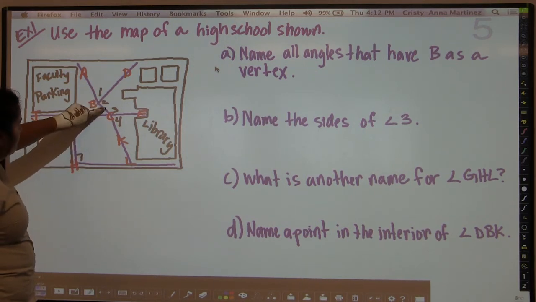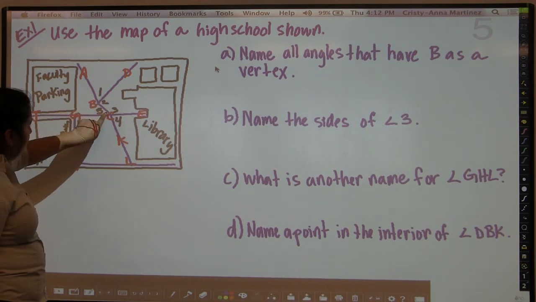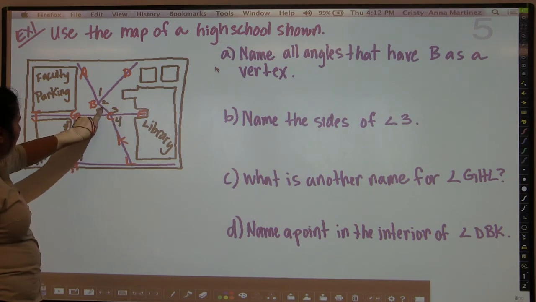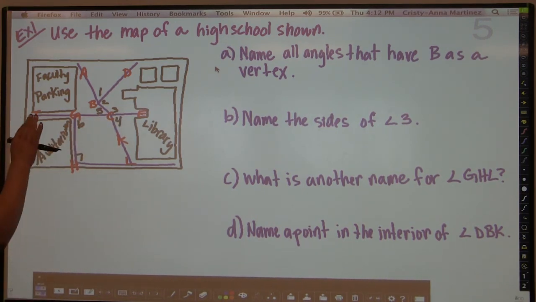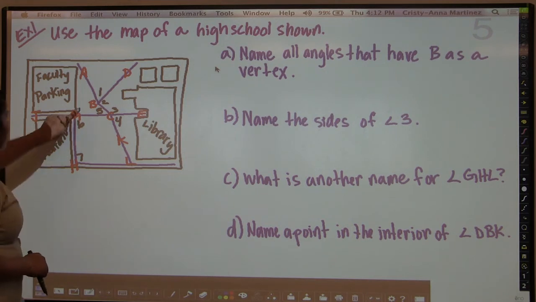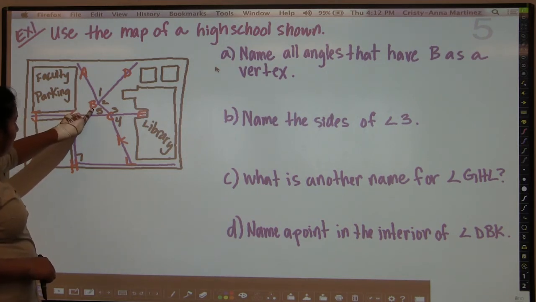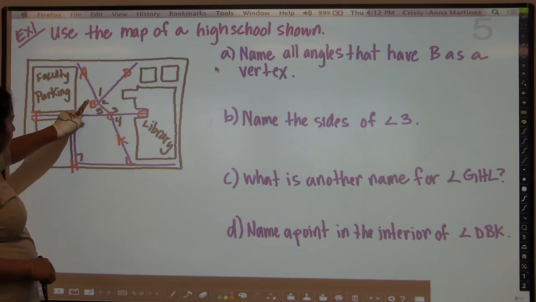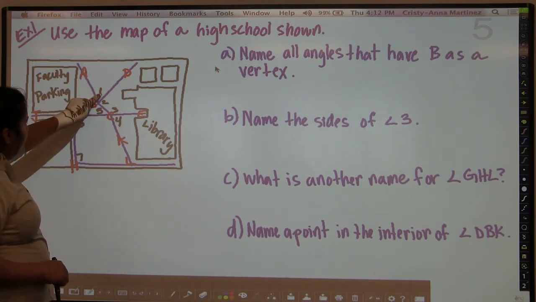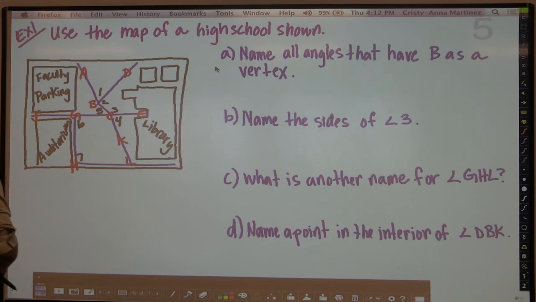So this angle 2 here is this angle here, angle 3 is that angle there, angle 4 is here, angle 5 is there, and so on and so forth. Anyway, they're going to ask us to answer these questions. It says name all angles that have B as a vertex. And so here is B, and you can see we have angle 1, angle 2, and then this whole big angle. All right, so to name the angles for B, we're going to say angle 1.